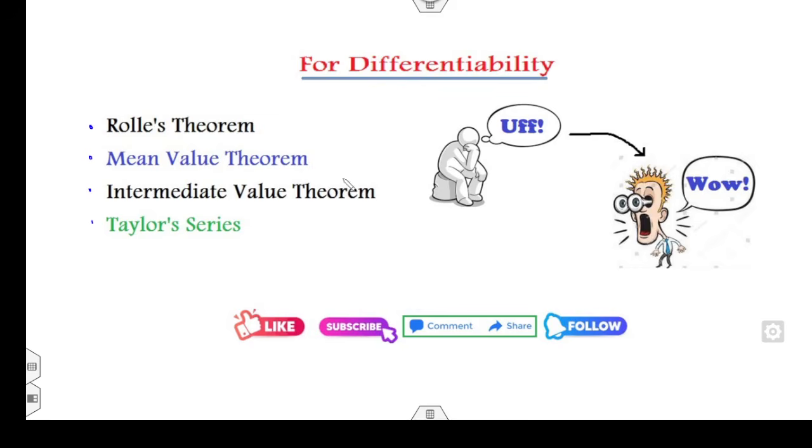But the question arises is how we know when Rolle's theorem, the mean value theorem, the intermediate value theorem, or the Taylor series will be applicable, so that you can solve each question in the desired time. So I will explain this in detail in this lecture.